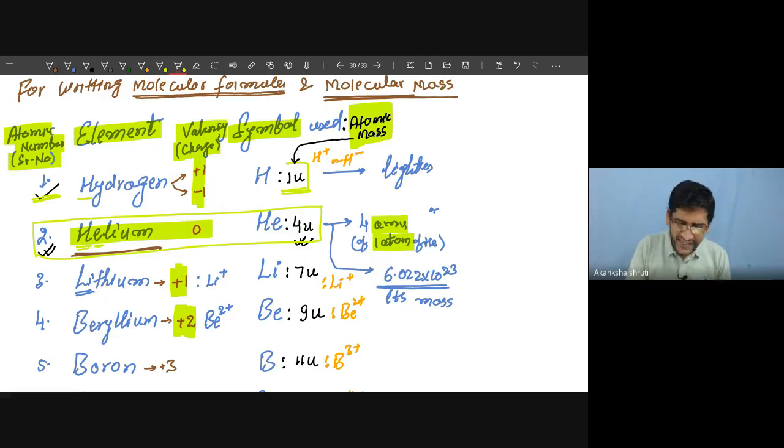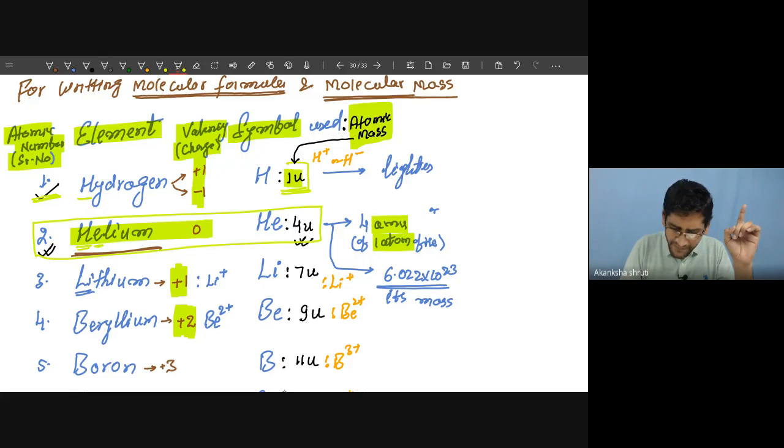For each atom, a certain mass is there, and different elements show different masses. Hydrogen is the lightest one and its mass is 1 U. If we are considering one atom of hydrogen, its mass will be 1 U. But if we are taking the Avogadro number of hydrogen atoms, it will be 1 G, meaning 1 gram.